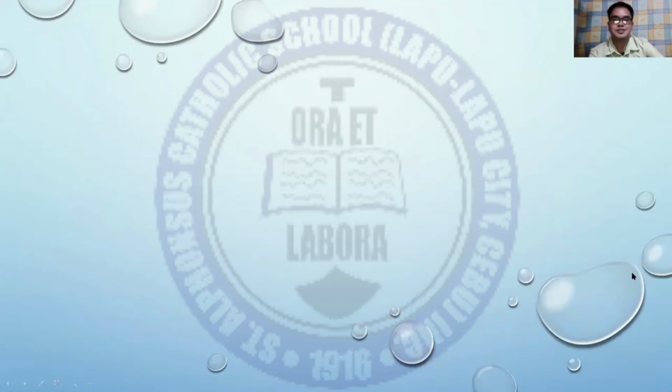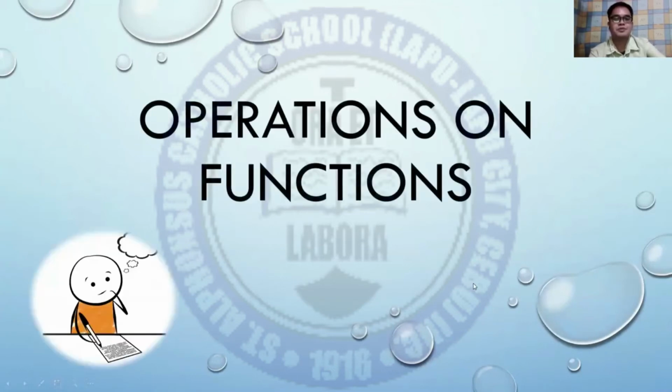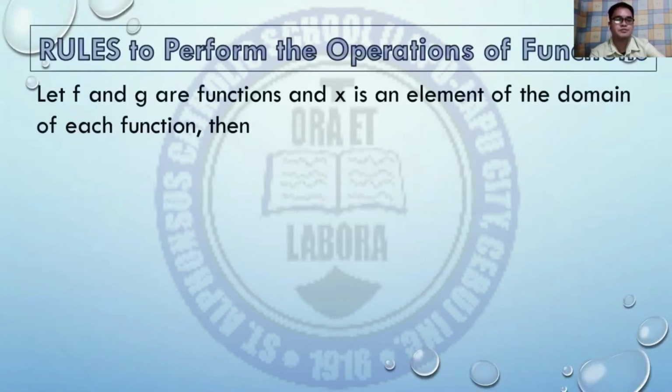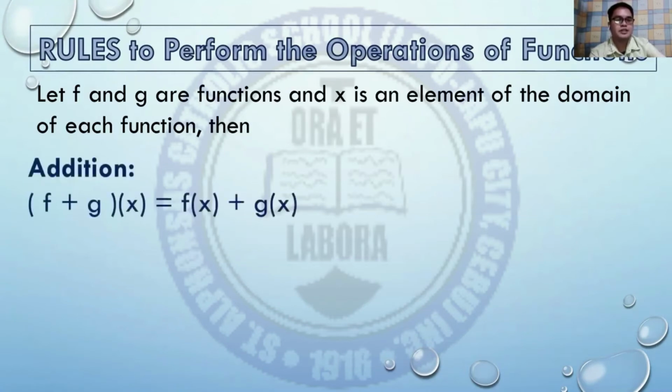Okay, so this time, we will be proceeding to the operations of functions. The rules to perform the operations of functions are: let f and g be functions and x an element of the domain of each function. Then for addition, f plus g of x is equal to f of x plus g of x.